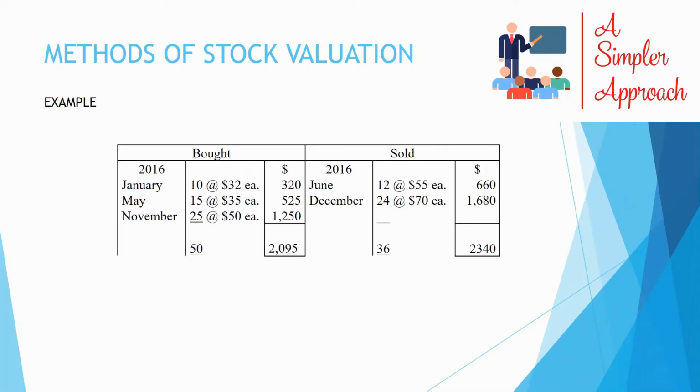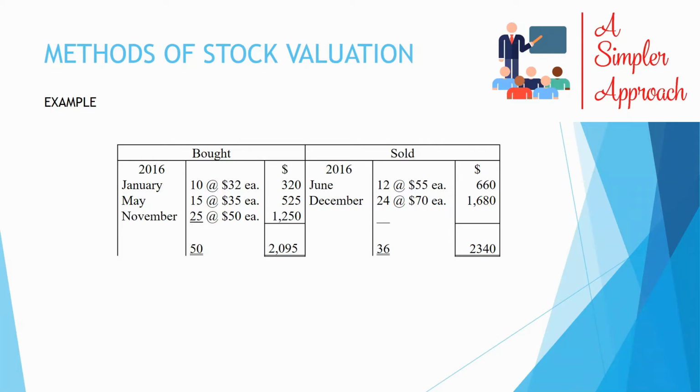In order to bring the explanation of each method to life, we will be using the following example for all 3 methods. In this example, you are looking at detailed information pertaining to stock that was bought and sold in the year 2016 from January to December. In January, we bought 10 items at $32 each.